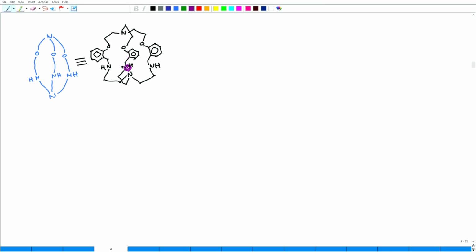Anything can coordinate here. You know that copper likes 5 coordinates, 6 coordinates. Similarly, cobalt also likes higher coordinates. That means there is a provision for something else to come here.